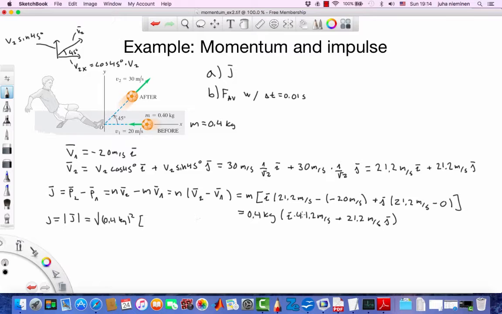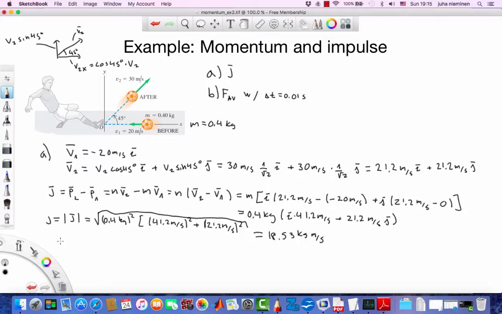So, the i component, for example, 41.2 meters per second squared, plus the y component, 21.2 meters per second squared, and that's the square root of them all, and we get 18.53 kilograms times meter per second. So that is the magnitude of the impulse. That was pretty much part A.